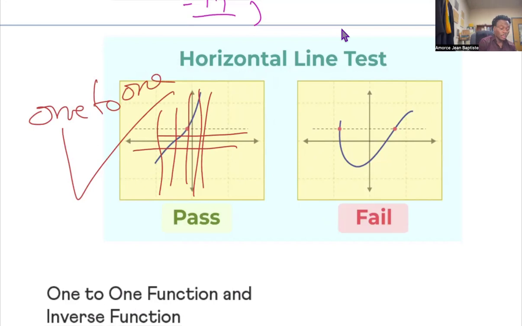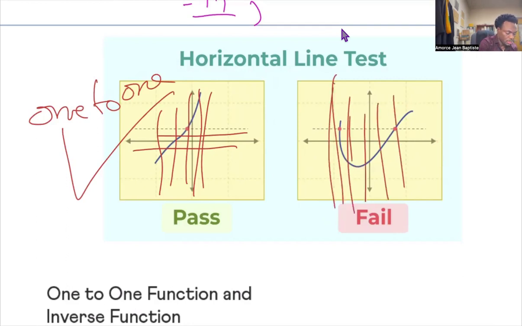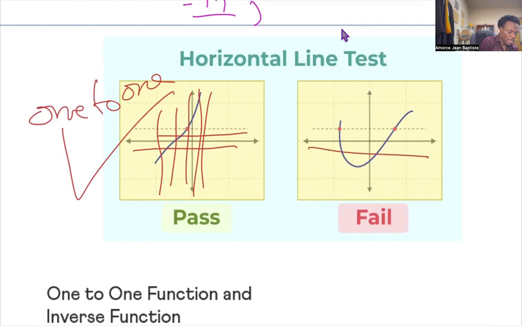Now I'm looking at this one here. It is a function, right? It passes the vertical line test. Unfortunately, it will fail the horizontal line test, right? You see this, which makes it not a one-to-one function.